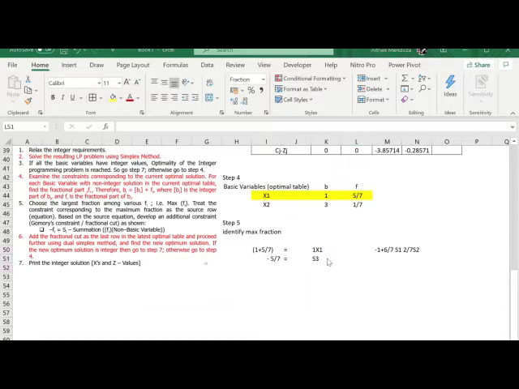S3, tapos isasama daw natin lahat minus the summation ng lahat ng ating fractionals in terms of our non-basic variables. So, sama na natin to. Minus 6/7 S1. Again, ang sinama ko lang yung fractional.